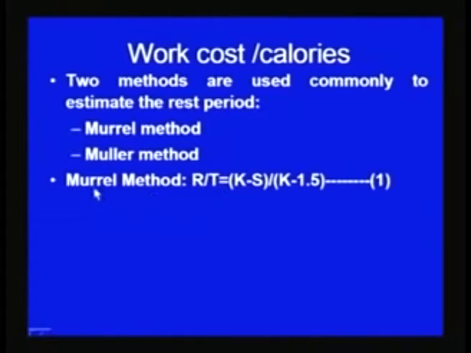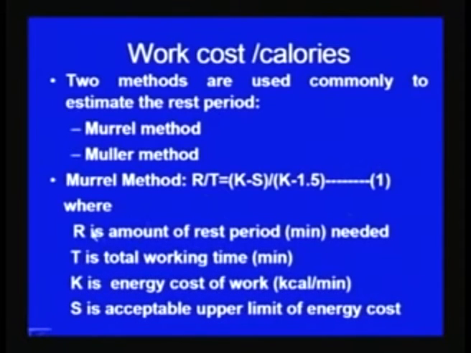According to the Murrell method, R divided by T is equal to (K minus S) divided by (K minus 1.5). This is one typical equation proposed for calculation of the rest period compared to the total time required, where R stands for the amount of rest period needed by the operator so that the accumulated lactic acid can be consumed and he can recover from the fatigue to start the work once again.